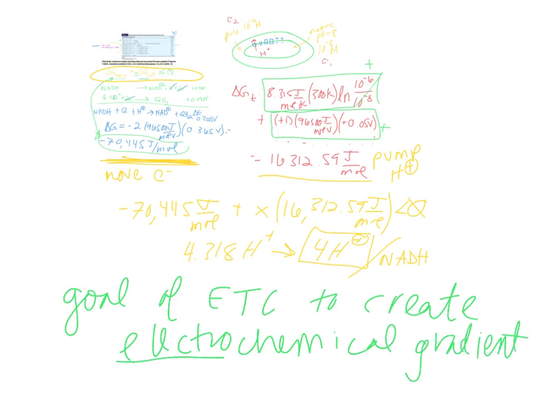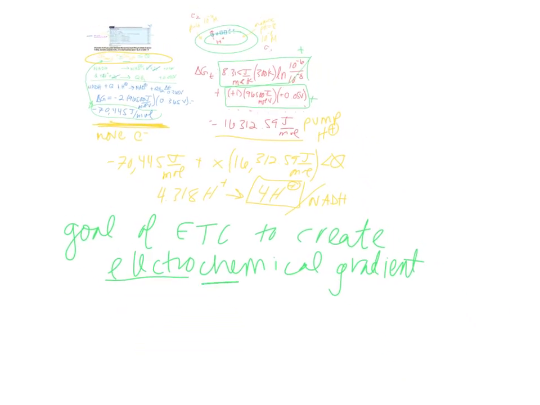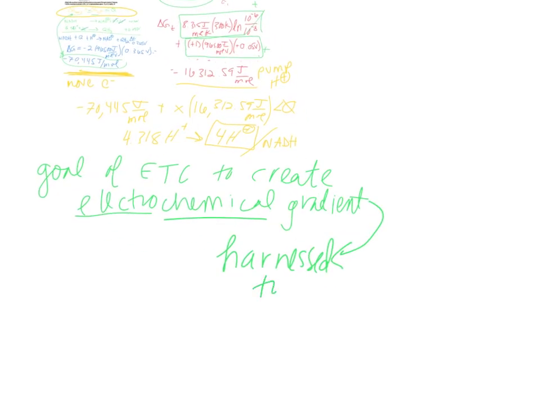Okay, so again, electro means we have a charge separation across the membrane, and chemical means we have a concentration difference across the membrane, and this can be harnessed to make ATP eventually. No, you can't write from right to left. Nobody would know what's happening. Harnessed to make ATP, but that's later.